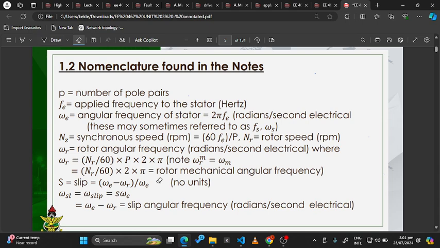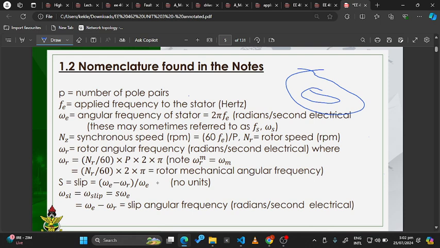Given that your machine has a stator and it has a rotor, in between the stator and the rotor there is an air gap. This air gap is something undesirable, but without it the rotor cannot work, in the sense that the rotor, which is the rotating part of this machine, needs some medium over here to rotate in.